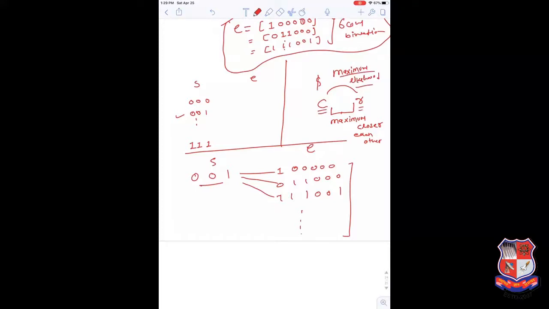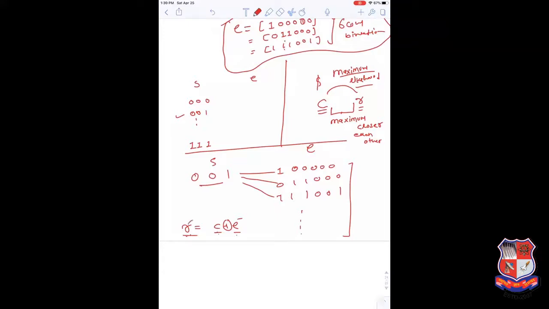So minimum Hamming distance simply means R is actually obtained by XORing C with E. If E would be 0, then R and C would be the same. But if E has 1 bit, then R would differ from C by 1 bit. If E has 2 bits of error, R will differ from C by 2 bits, and so forth.